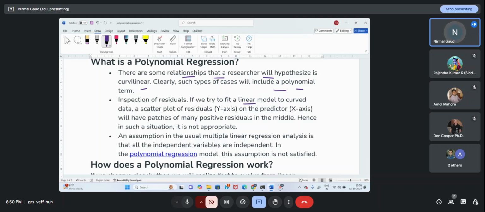If we try to fit a linear model to curved data, the scatter plot of residuals on the predictor will have patches of many positive residuals in the middle.